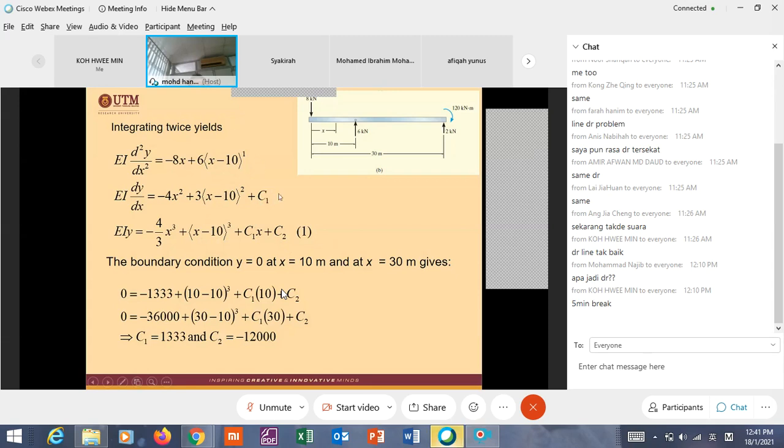This equation is the most important equation. If you derive it wrongly, then your answer will be wrong, and you end up with 0 marks. Now, this equation similarly, if you got the integration wrong, then you will also have wrong deflection.